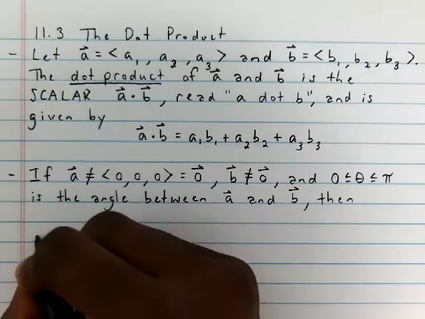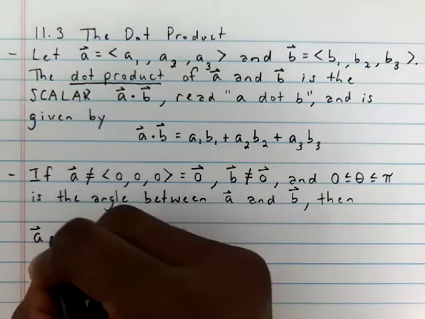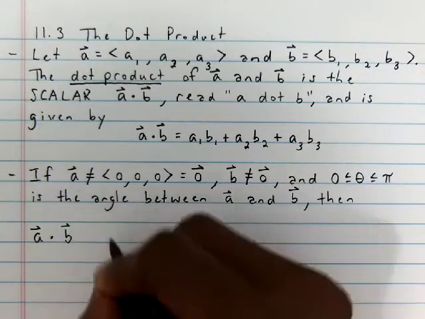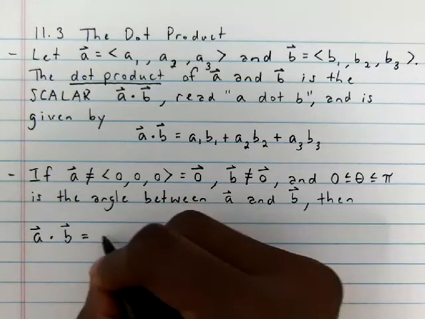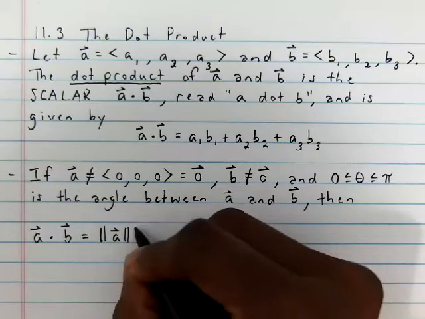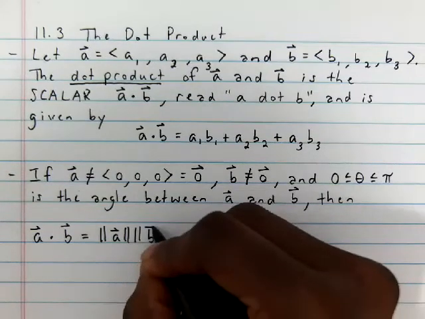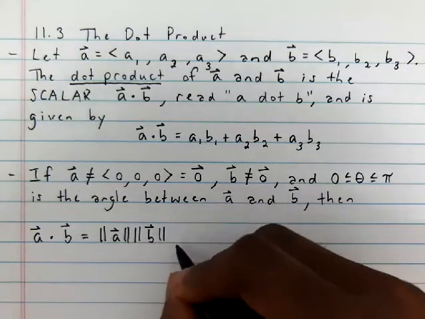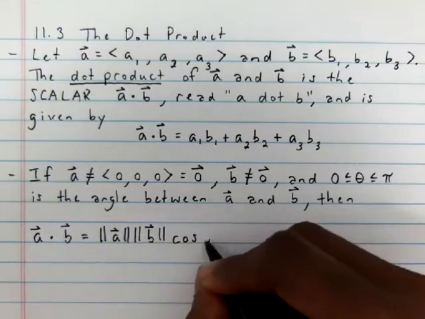Then A dot B is equal to the magnitude of A times the magnitude of B times cosine of theta.